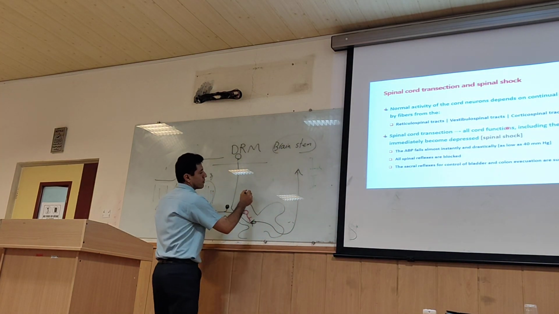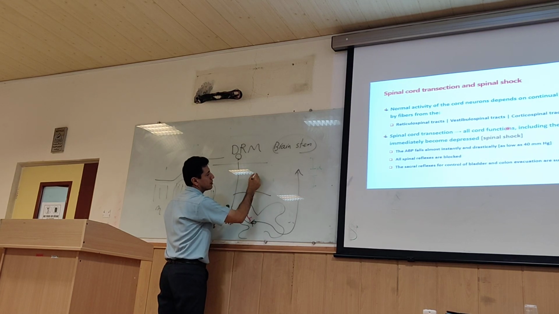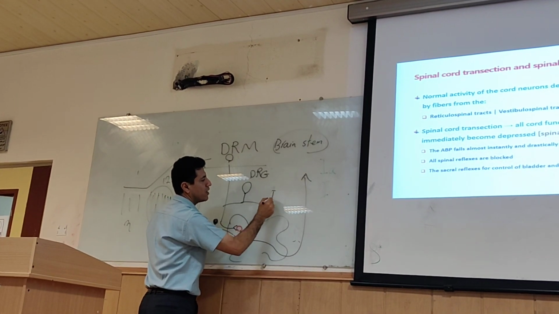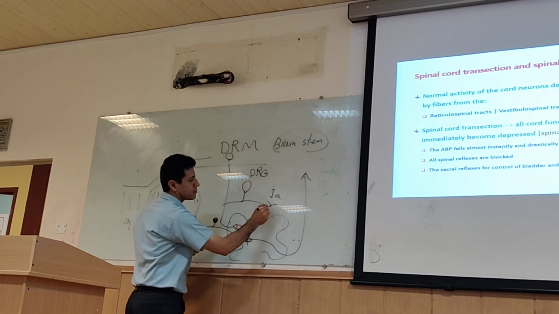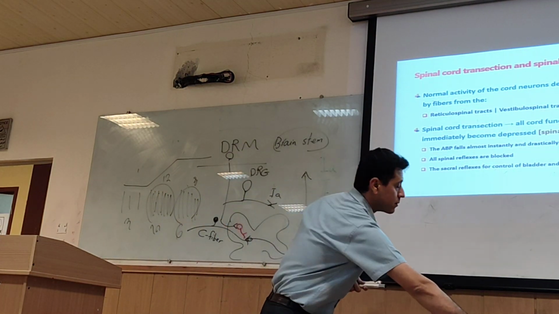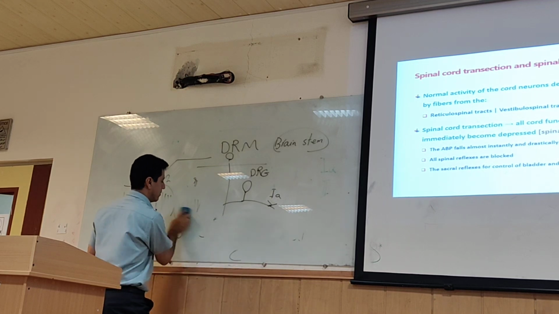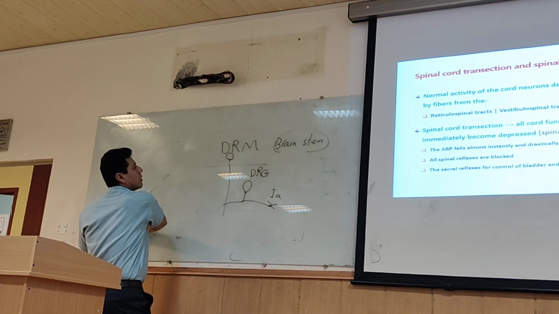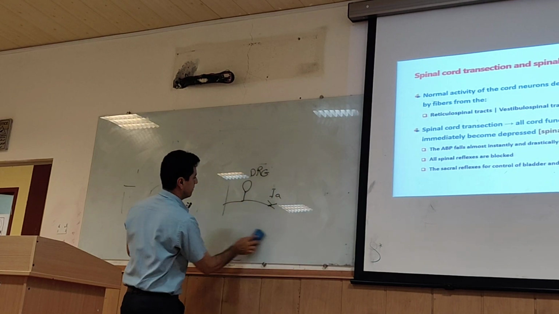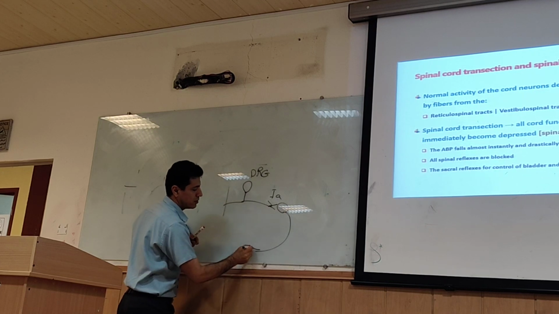So, 1A fiber, DRG, right? 1A fiber makes synapses with alpha motor neuron.